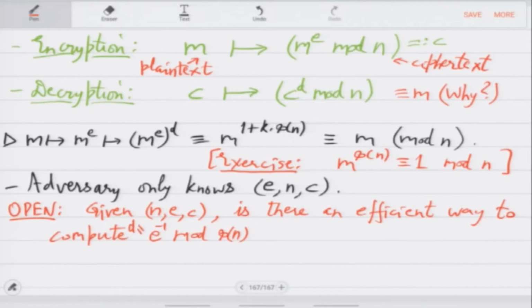Is there an efficient way to compute d? That would immediately tell the adversary m using the decryption strategy, or c raised to 1 by e mod n, right, or just factor n.